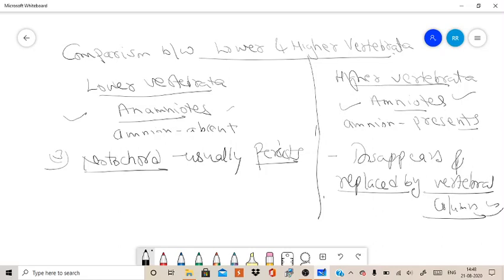So this is the addition here, a new structure, the vertebral column, which is present in amniotes, whereas it may be present in some anamniotes, but may be absent due to the persistent notochord.